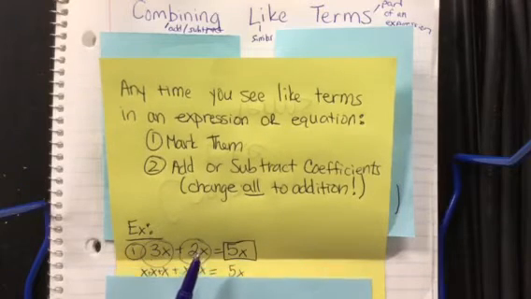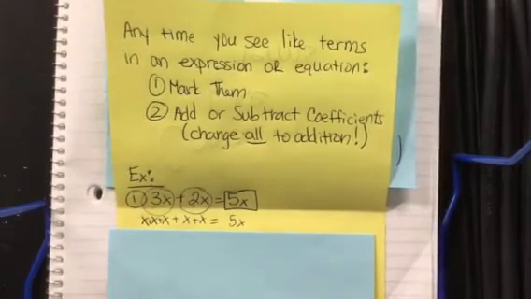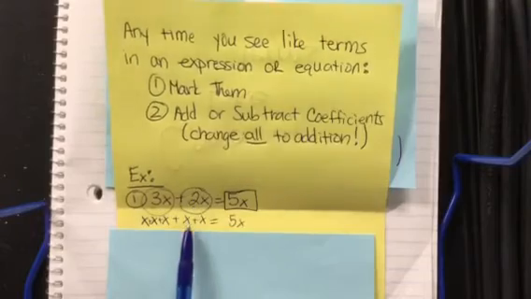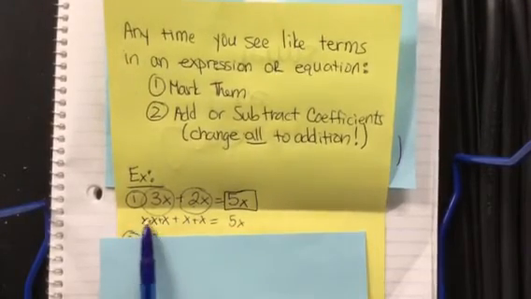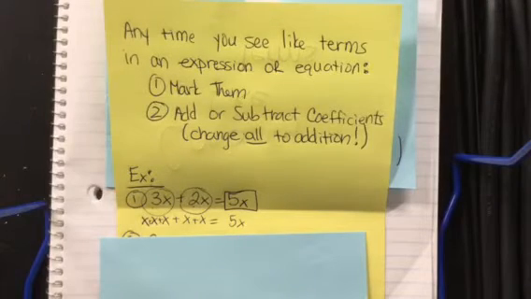If I were to write this out in expanded form, I would have 3 x's, 1, 2, 3, and then I would have 2 more x's, 1, 2. And then I would have a total of 1, 2, 3, 4, 5 x's. Okay? So we're combining things that can be combined. You go to McDonald's and you want 3 orders of French fries and your friend wants 2. You guys are very hungry, so you order 5 orders of French fries.